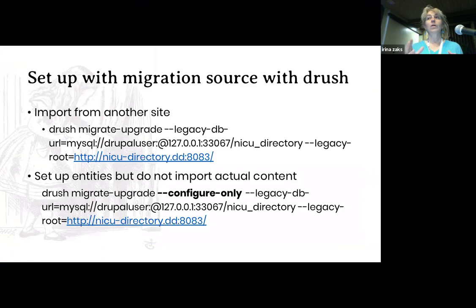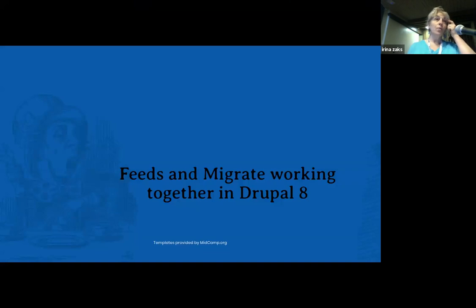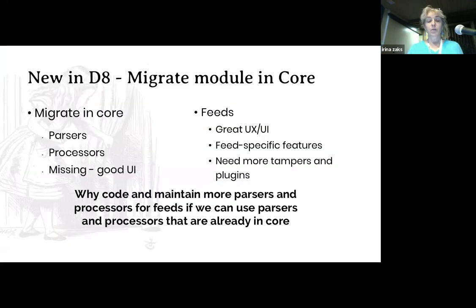It was so great and wonderful to do all this mapping through the UI, and then even allow my content editors to once in a while select from which file they want to upload their news articles. So I said I really want to have it in Drupal 8. And if we have great UI in Feeds and all the power of Migrate is now in core, maybe it's time to connect them. And this is how this journey started.